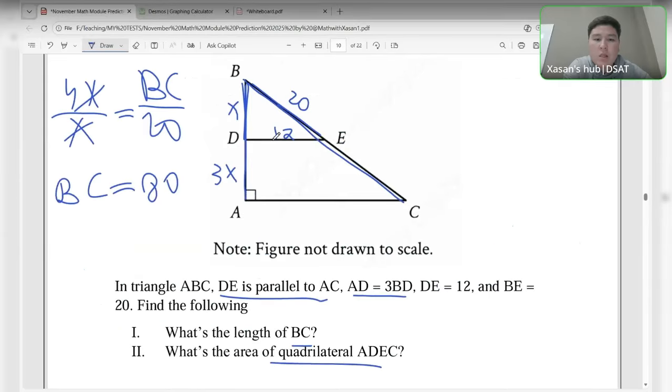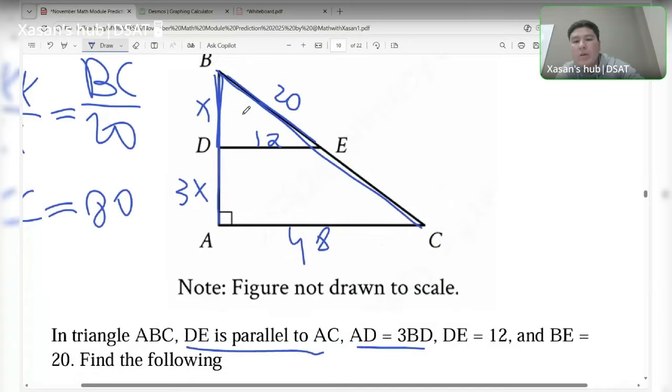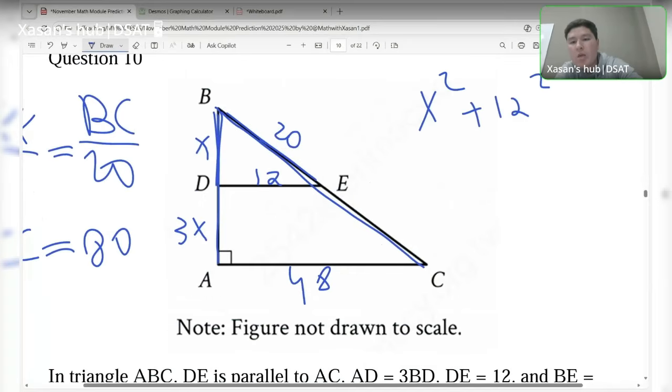And then we're going to use this formula. So we know DE is 12 and the ratio of the sides is 4, right? So AC is going to be 48 here. And then after, guys, we have to find the value of X. By using the Pythagorean theorem, X squared plus 12 squared equals 20 squared, you can find X, which is 16.